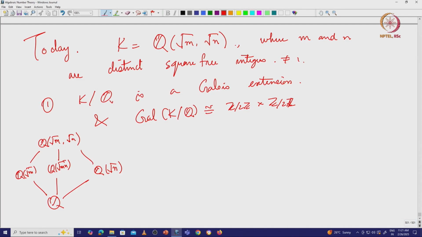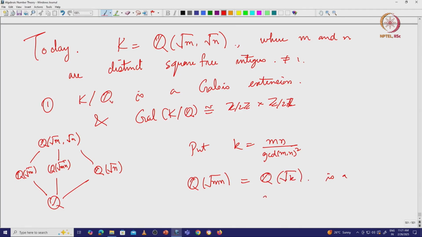So, this is also degree 2. So, what we do is we put k equal to mn divided by GCD of m, n squared. m and n are distinct, but they could have common factors, so GCD could be bigger than 1. I just divide out by this. So, Q(square root of mn) is the same as Q(square root of k), which is a degree 2 extension of Q.